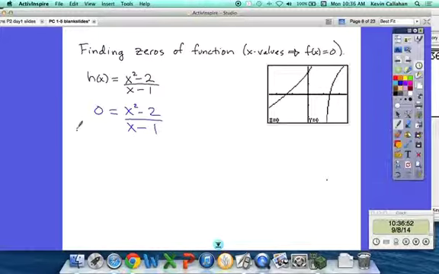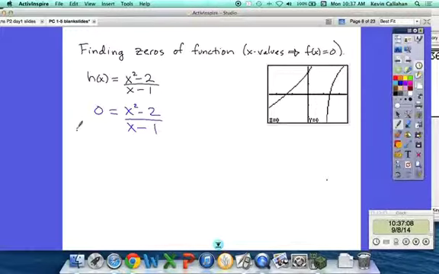Should 1 be a 0? 1 is not a 0. What is 1? The vertical asymptote, right? Because what happens if you plug in x equals 1? You're dividing by 0, right?